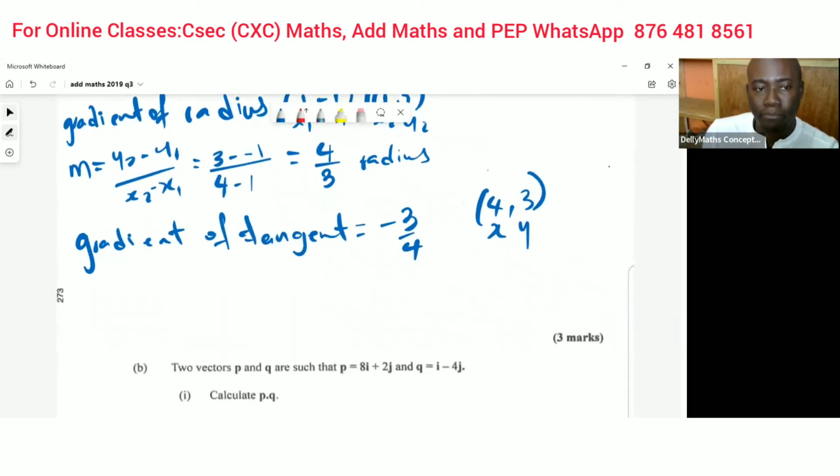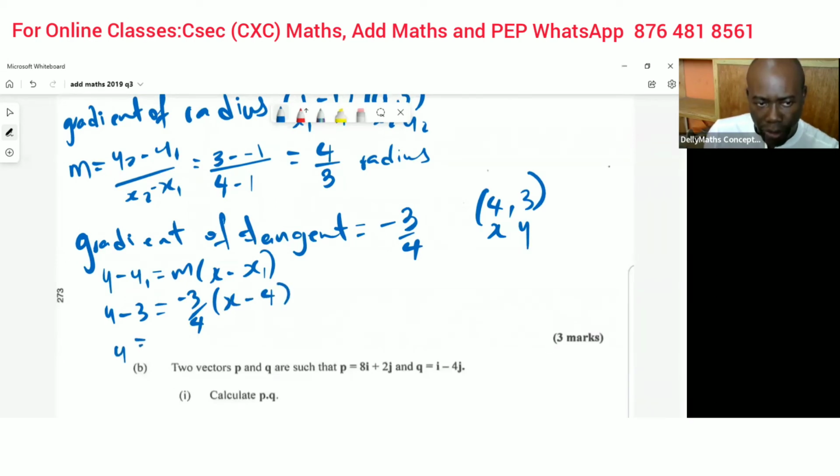So basically what we're doing here is saying y minus y1 is equal to m, open bracket, x minus x1. And we could use this to write: y minus 3 is equal to m, which is negative 3 over 4, open bracket, x minus 4.